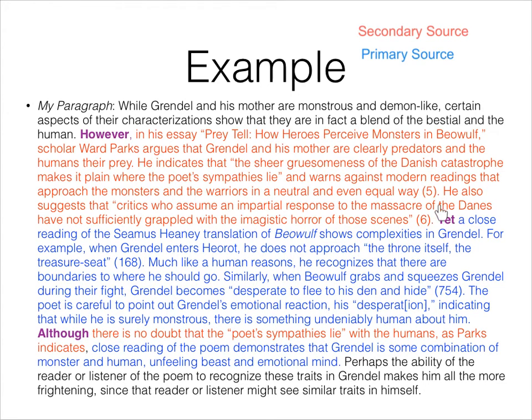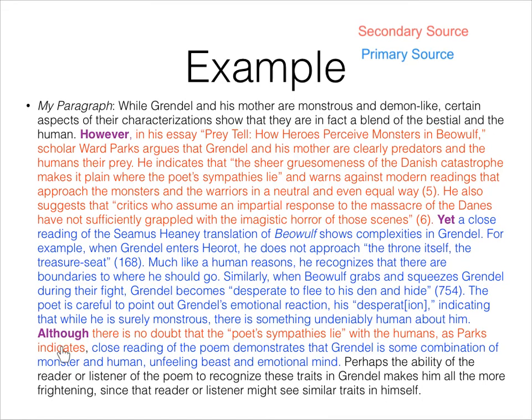Here's again my transition word. "Yet a close reading of that translation of Beowulf shows complexities in Grendel," right? Now I'm going into my own ideas, and I'm citing and quoting specifically from Beowulf, from my poem of Beowulf. "Similarly," there's another transition word that's just continuing my idea of this primary source. When Beowulf grabs blah, blah, blah, here's another quotation that comes straight from Beowulf.